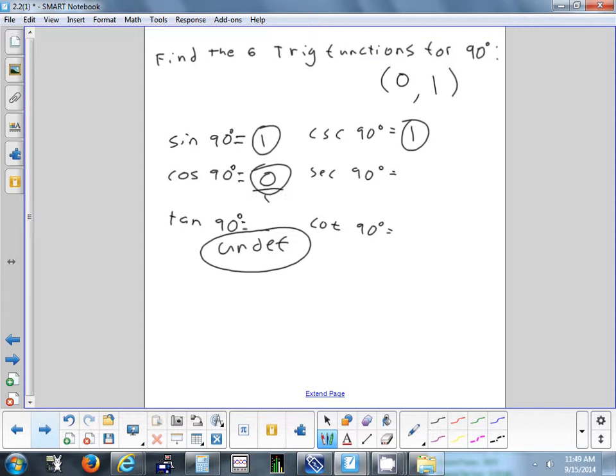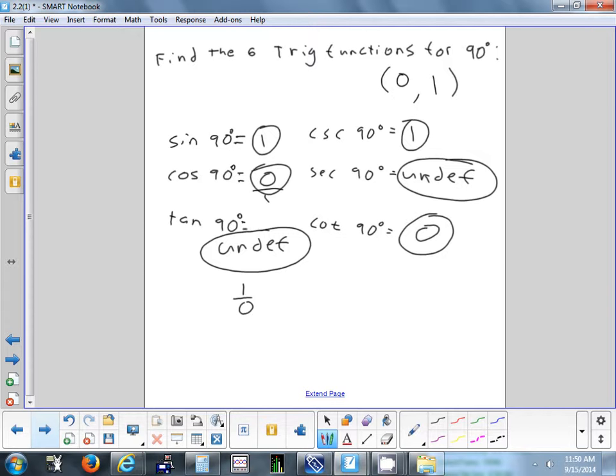Right, when you flip it, it's undefined. So when you flip 0, you get undefined. How about when you flip undefined? You get 0. Remember, tangent of 90, that was 1 divided by 0. So when we flip it, we have 0 divided by 1. That is 0.